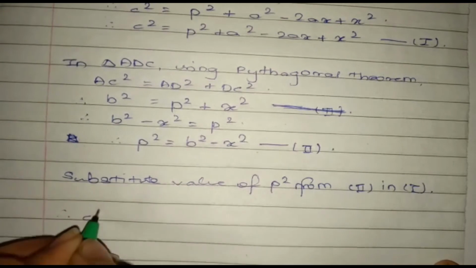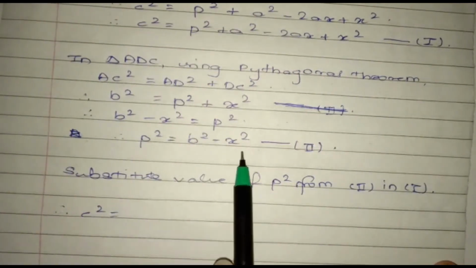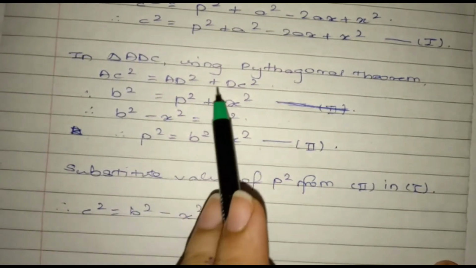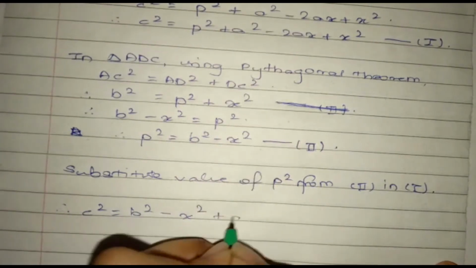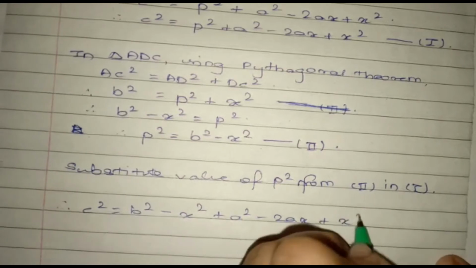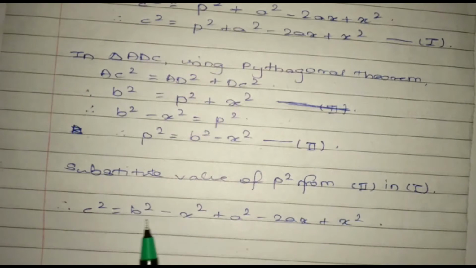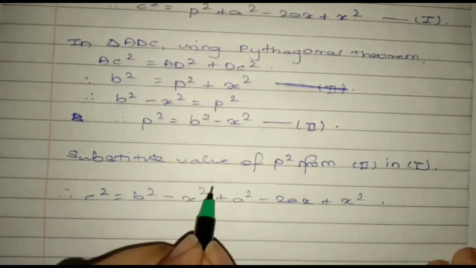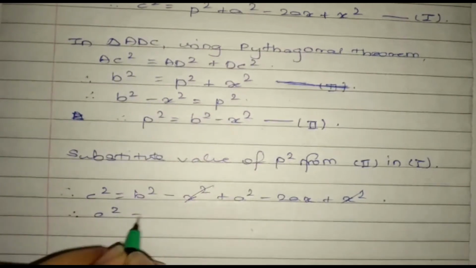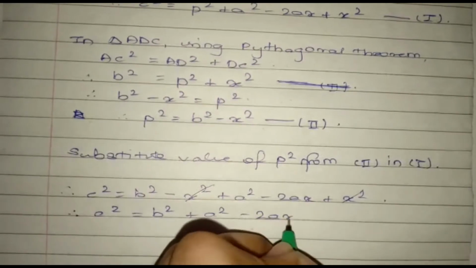Therefore C square is equal to, now we are going to substitute P square as B square minus X square, B square minus X square plus A square minus 2AX plus X square. We substituted value of P square as B square minus X square in equation 1. So this minus X square and plus X square will get cancelled. Therefore C square is equal to B square plus A square minus 2AX.